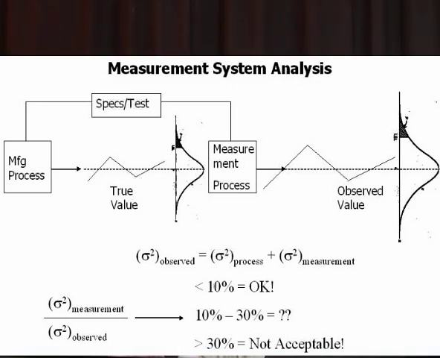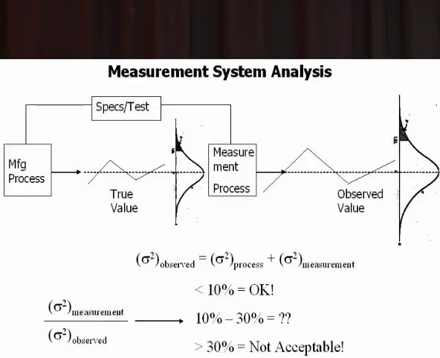And what we see here appears to be a magnification of the so-called variability or spread that was there in the true value set. The observed value set seems to have a slightly higher variability about it. What does it mean? It means that the measurement system we are using is magnifying or amplifying or adding to the variability that already exists in the process.